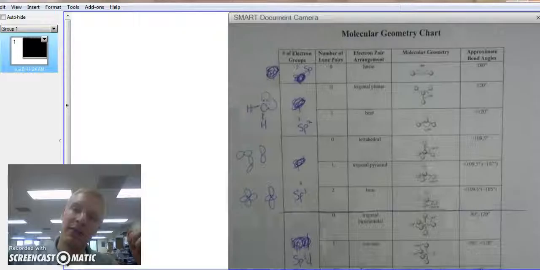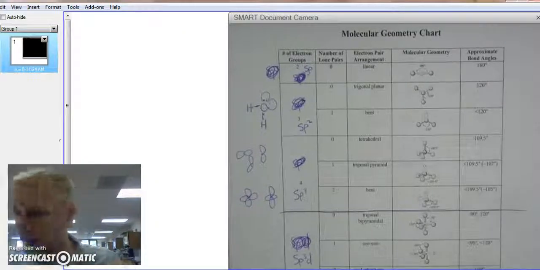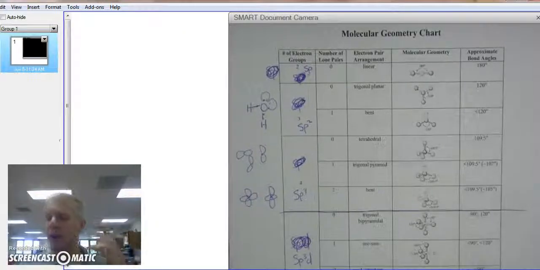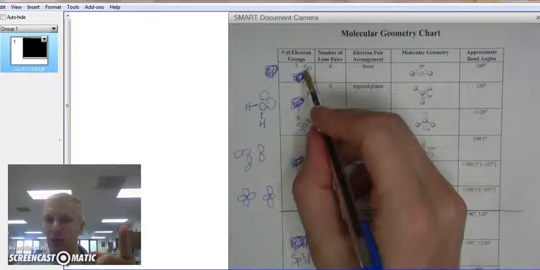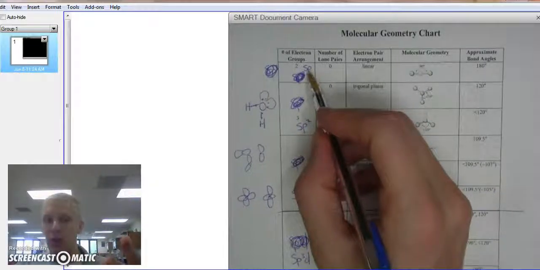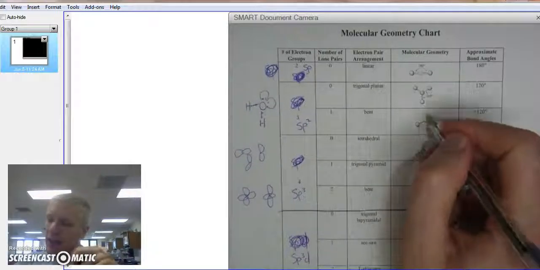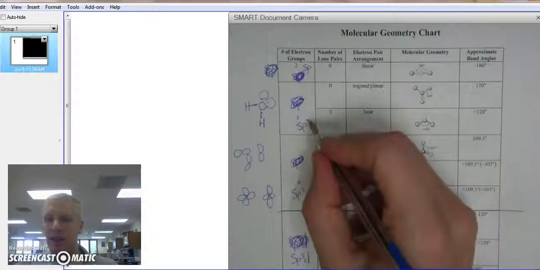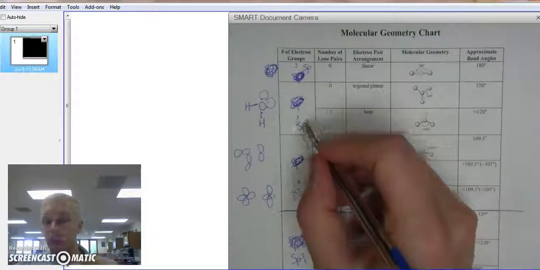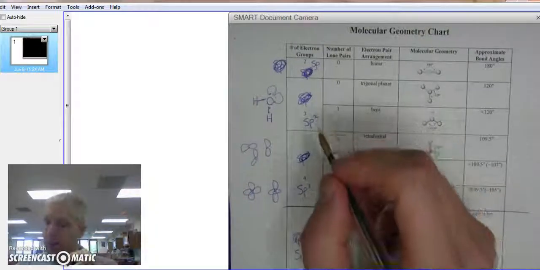Another way of thinking about this hybridization is to think about electron groups. You see a molecule, you count how many terminal atoms and lone pairs there are, and let's say there's 2, then S accounts for 1 and P accounts for the other, that's 2. If we're saying there's 3 electron groups, S is 1 and this P squared is 2. So 2 P's and 1 S is 3.